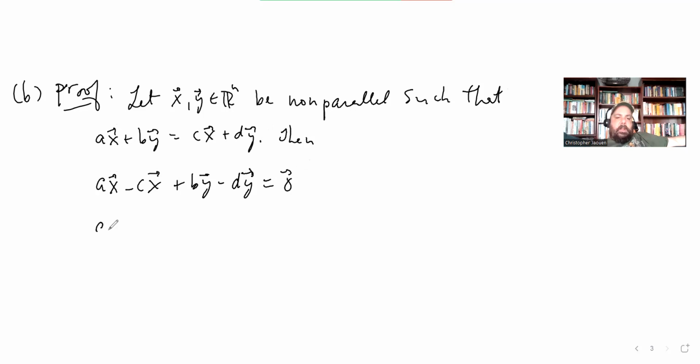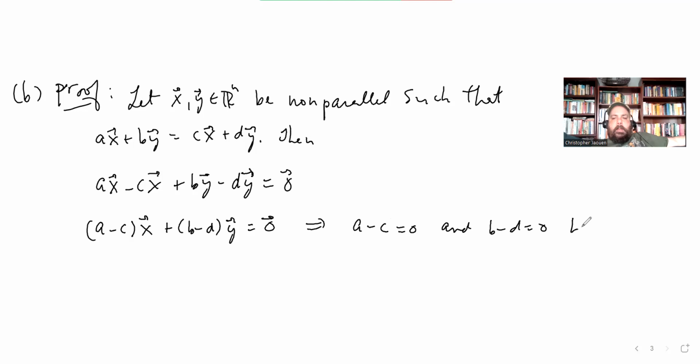And we can factor out the common vectors. And this implies that a minus c is 0 and b minus d is 0 by part A, which means that a equals c and b equals d. Okay, so that's the proof. All right, that was number 10.